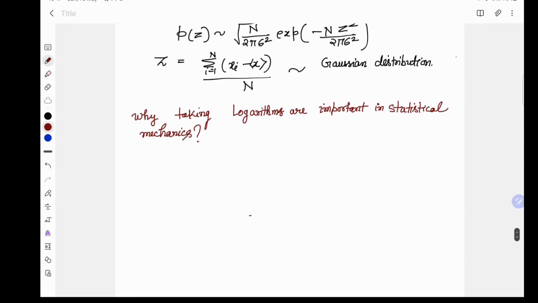Normally, if let's say you have a function f(x) which has a minima or maxima, or directly you can say an extremum, at x bar, then one can do the Taylor expansion of this about x bar and neglect the higher order terms.